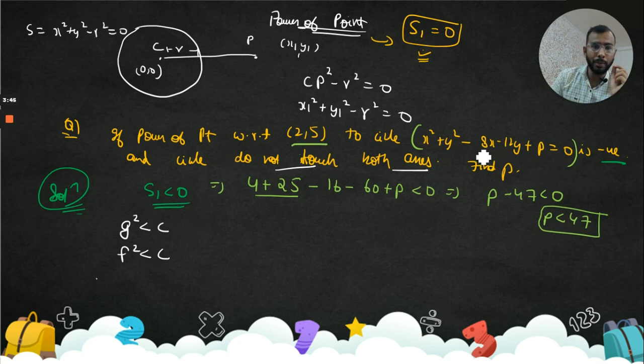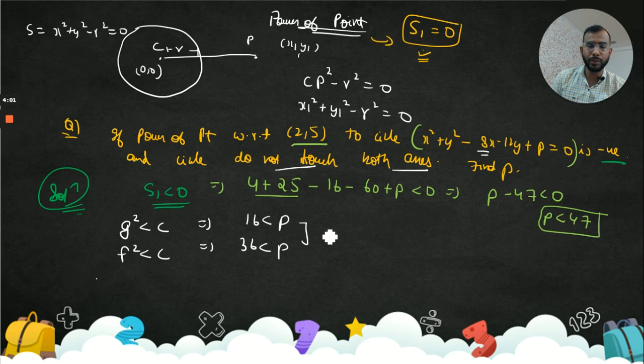Here g is minus 8 upon 2, which is minus 4. Minus 4 square is 16, so 16 is less than p. Then f is minus 12 upon 2, which is minus 6. 6 square is 36, so 36 is less than p. From this, p is greater than 16 and p is greater than 36, so p is greater than 36.